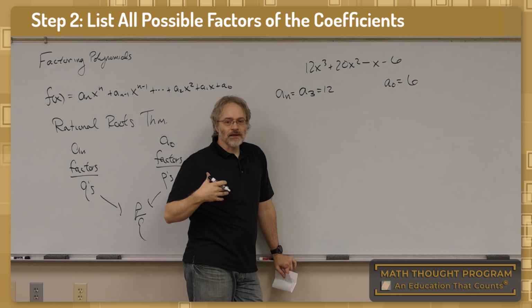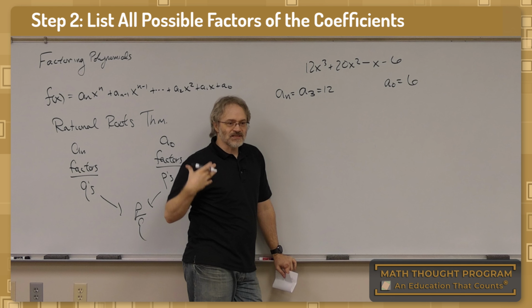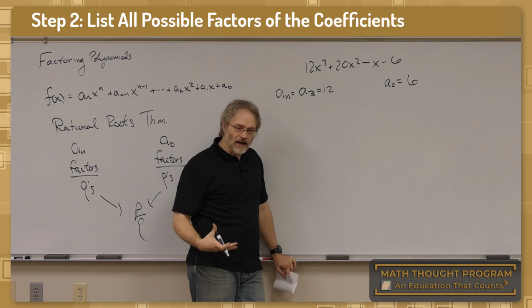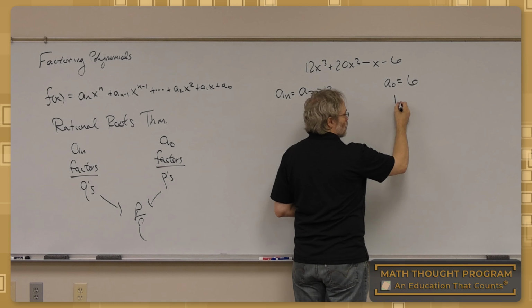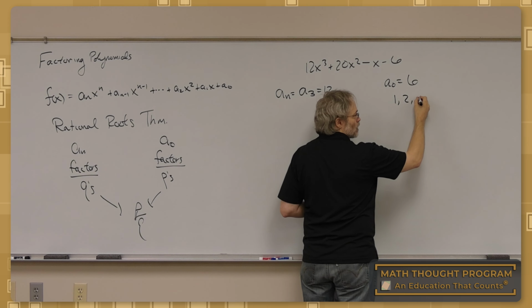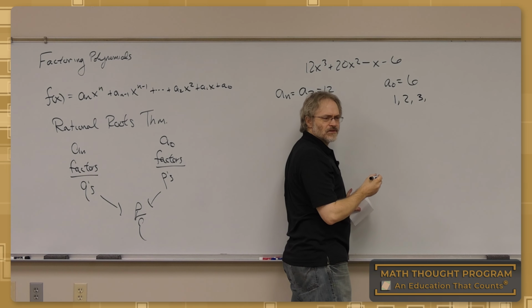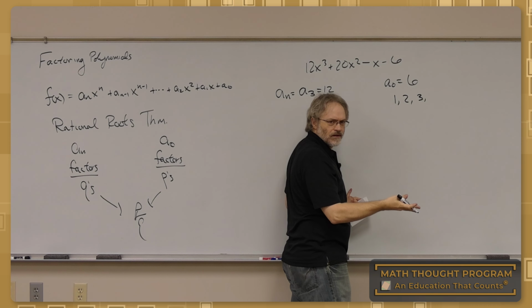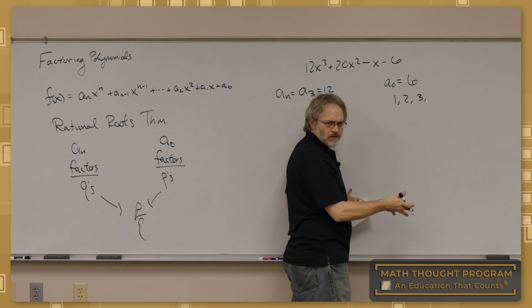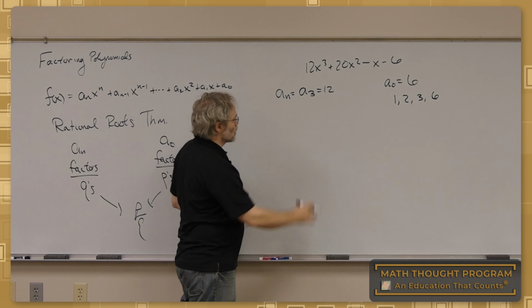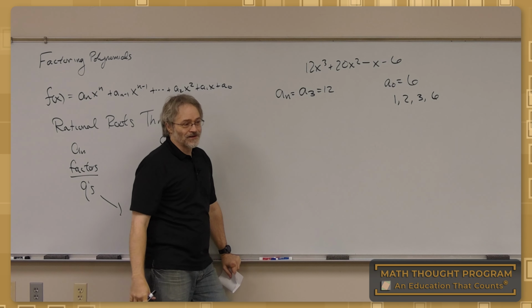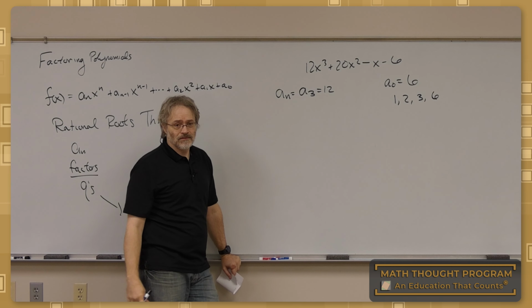And then I'm going to look at every single factor that I could generate. Things that will divide into 6: 1, 2, 3. Does 4 divide into 6 evenly? No, so skip that. How about 5? No, skip that too. 6. Come over here and look at all the factors that would comprise 12.